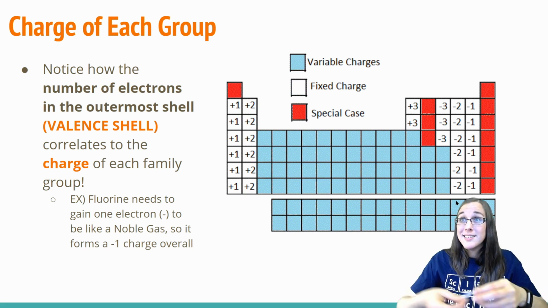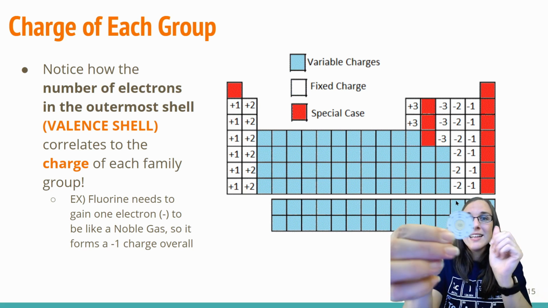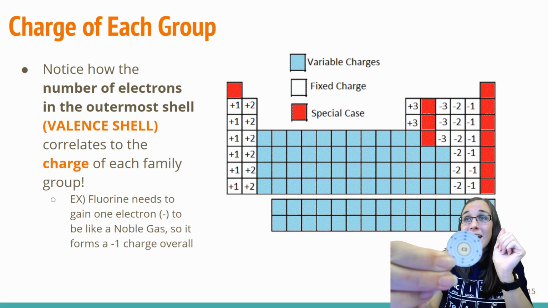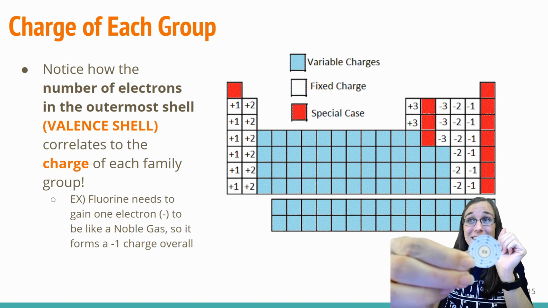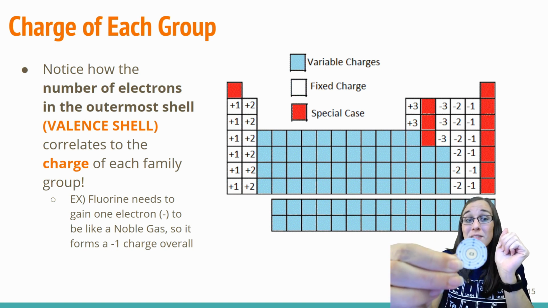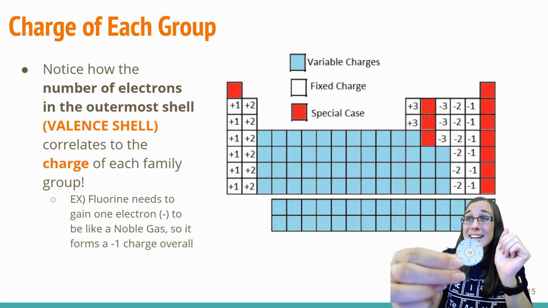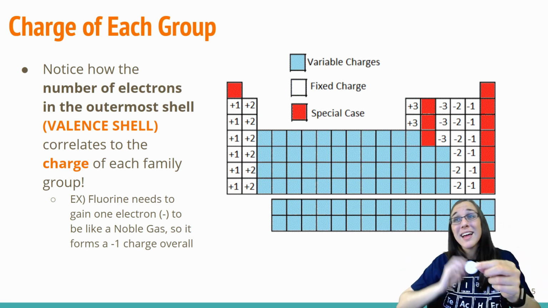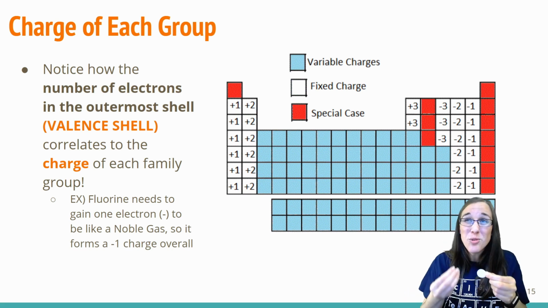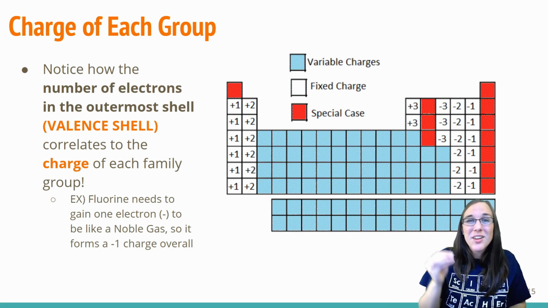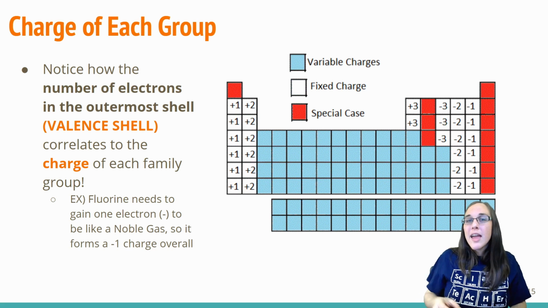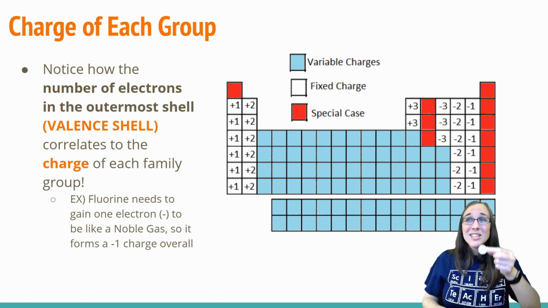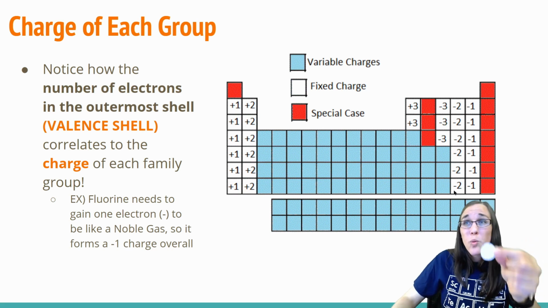Last but not least, we've got chlorine. Chlorine right there. And chlorine has 7 electrons in its outermost valence shell. Because it has 7, that means it only has 1 more to go to be like a noble gas. That's also what makes it so reactive. It's on the threshold of being noble, and it will do anything to get it. So chlorine is 1 away.